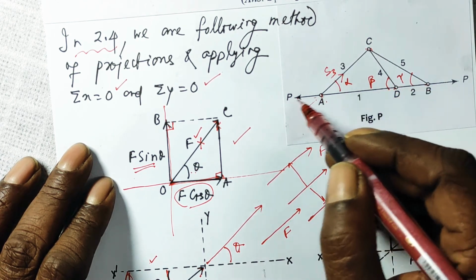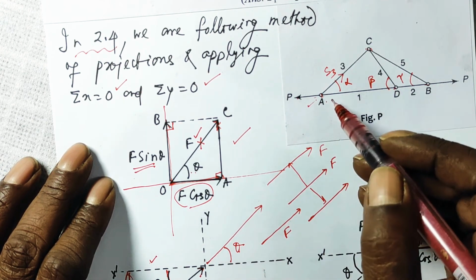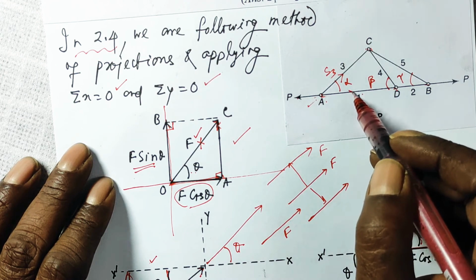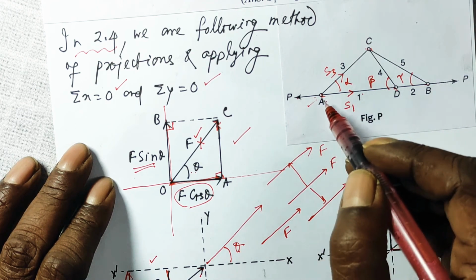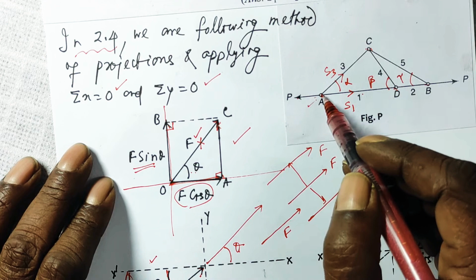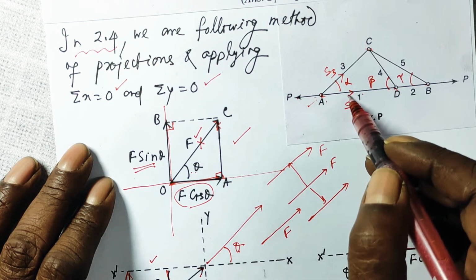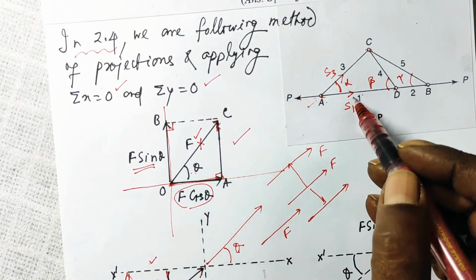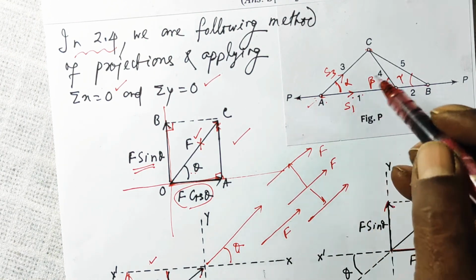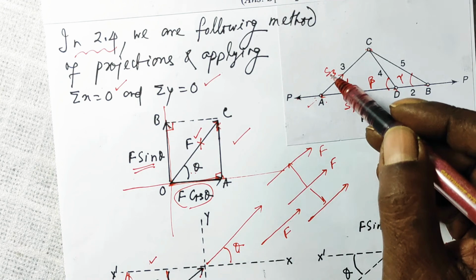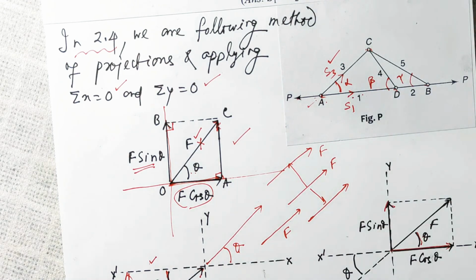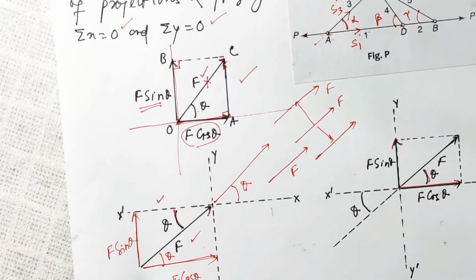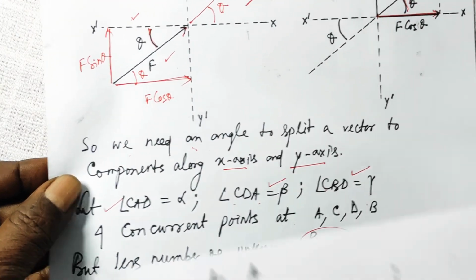To this side is P, and the force in the bar from A to D, bar 1, let it be S1. So at point A there are 3 forces, P, S3 and S1. This angle is alpha. So P and S1 are both along the x-axis, so we need to only split S3 into rectangular components.